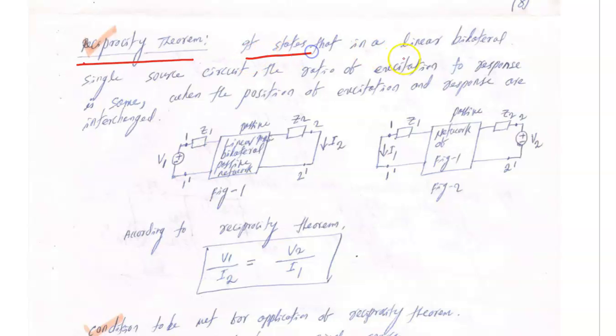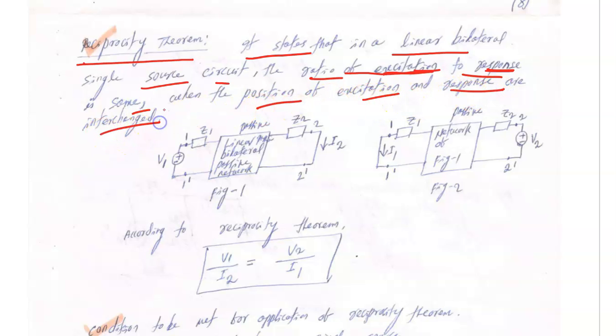It states that in a linear bilateral single source circuit, the ratio of excitation to response is the same when the positions of excitation and response are interchanged between the ports. Excitation means the voltage source or current source you connected. Response means the current or voltage you measure.